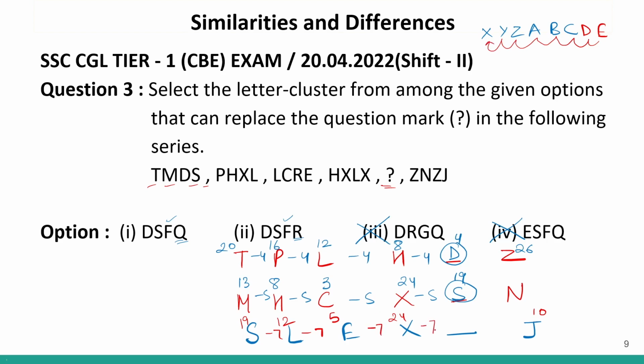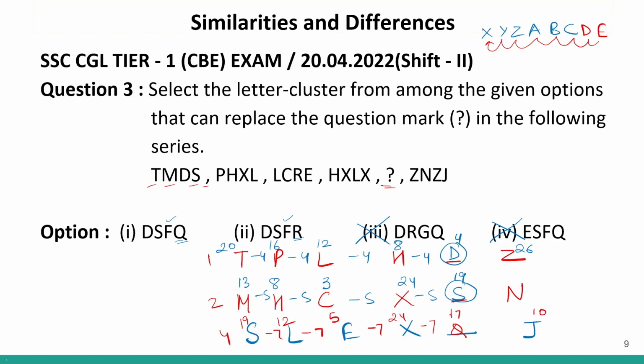So if I move 7 positions back from 24, the term will be at the 17th position. At the 17th position we have Q. So the last term, this is the first term, second term, and this is the fourth term.